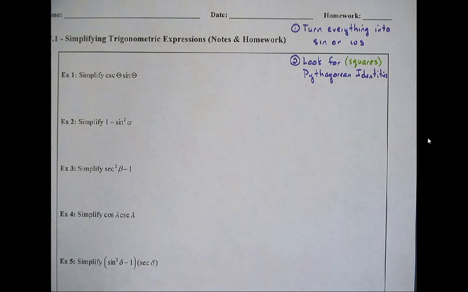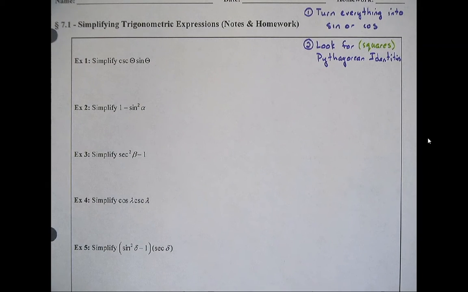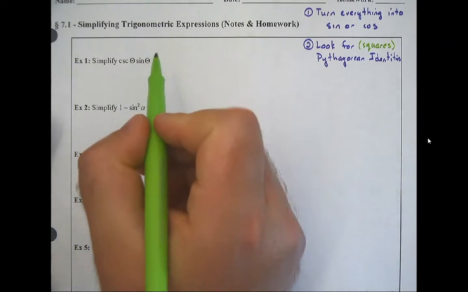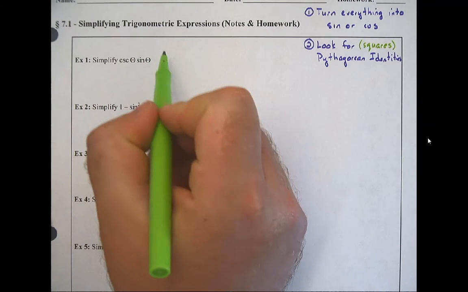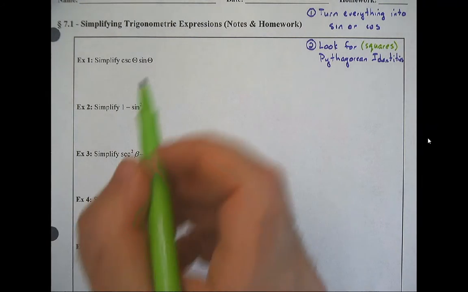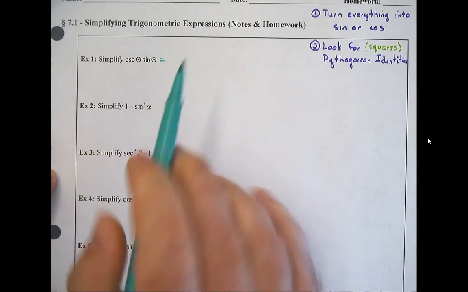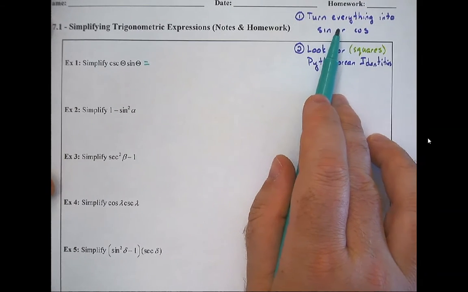Okay, so let's take a look. Simplify cosecant of theta, sine of theta. So equals... So I'm going to try this one first. I'm going to turn everything into sine or cosine.